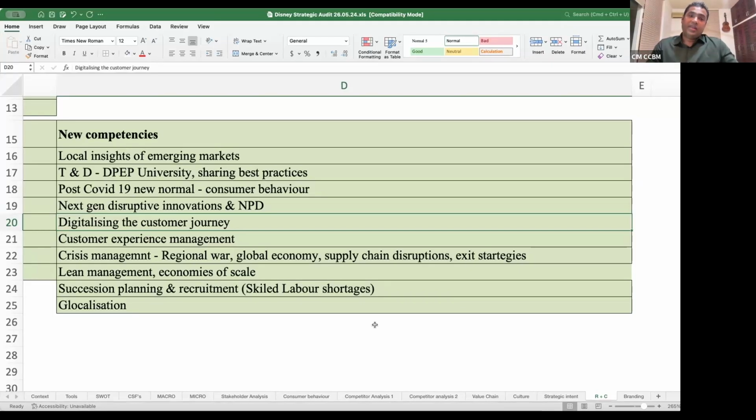So we need to see how we need to envision the future of a theme park. Of course, to a certain extent, all these things will also be substitutes, because if you have the metaverse and you can get an experience of riding a roller coaster on your couch at home, then you don't need to come to a park.